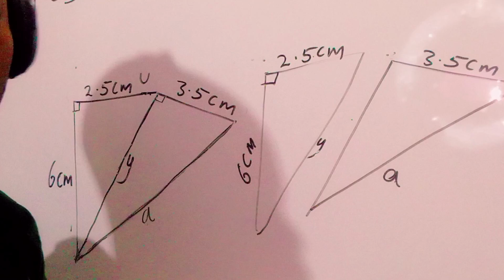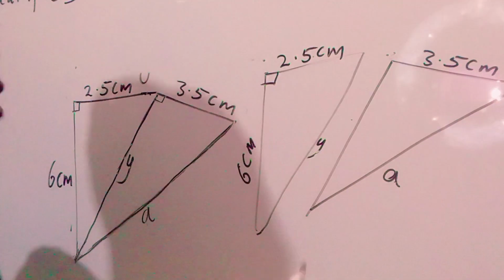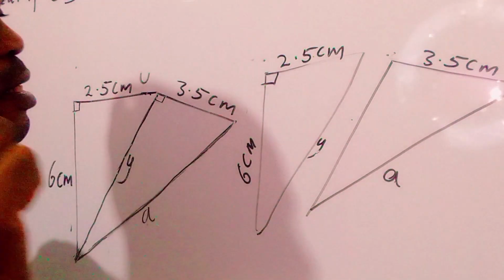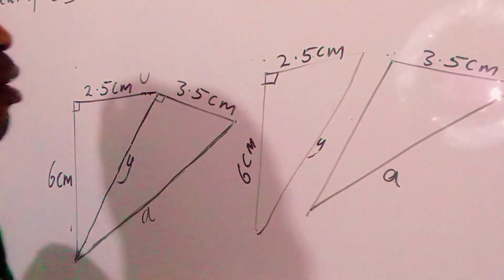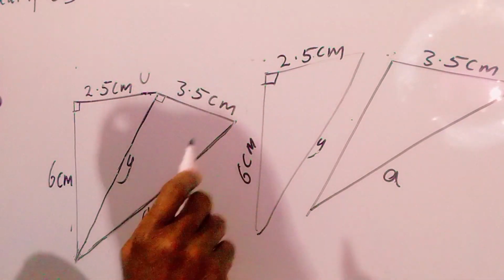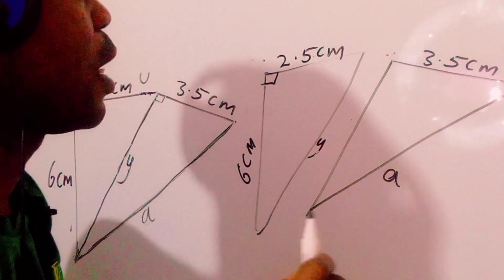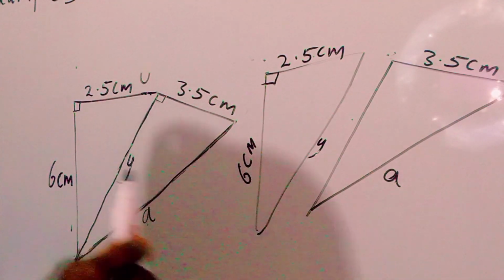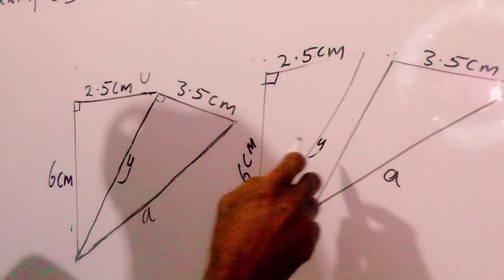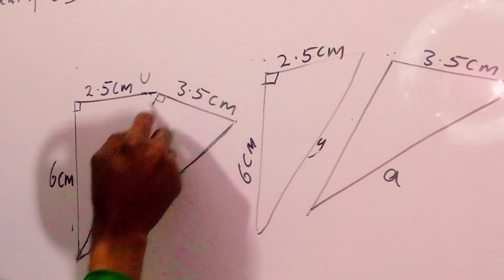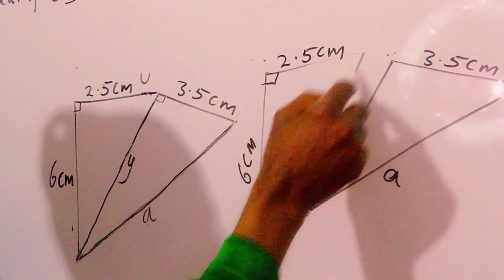So, remember, Pythagoras theorem states that the square of the longest side of a triangle is equal to the sum of the squares of the other two sides, being the opposite and the adjacent. So the longest side of this triangle, being here, is y.